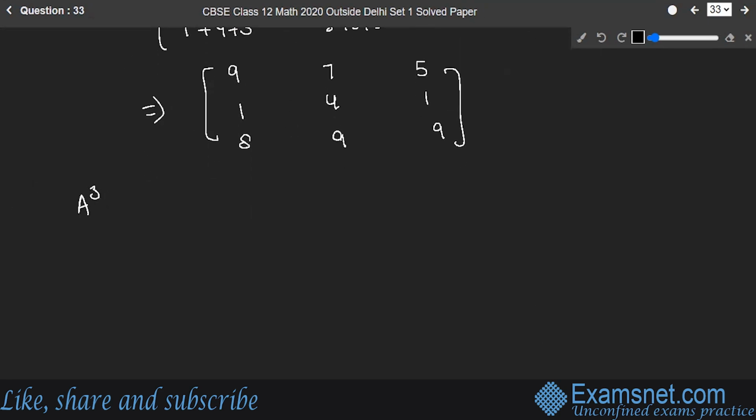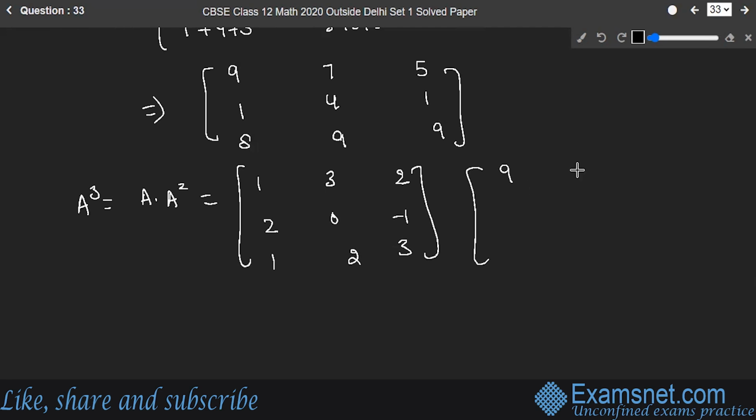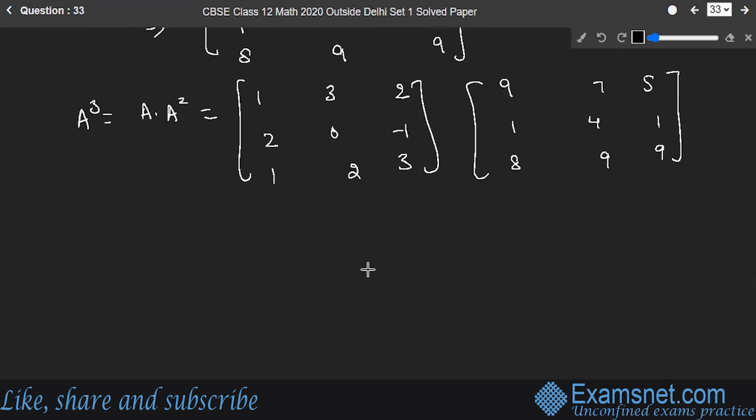And what about A cube? This is A into A square, which is 1, 3, 2, 2, 0, minus 1, 1, 2, 3, times 9, 7, 5, 1, 4, 1, 8, 9, and 9, right? So let's find out the product again.